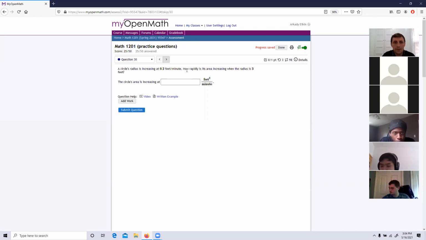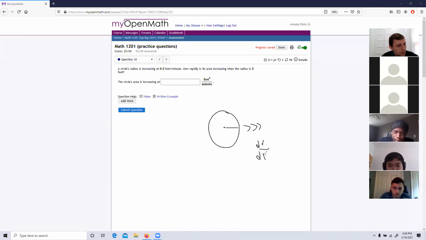So what happens here, guys? We have a video of an expanding circle, and the radius is expanding. The rate of expansion of the radius, dr/dt, is 0.2 feet per minute.